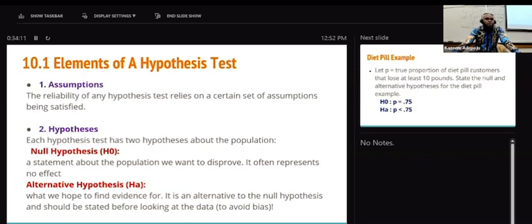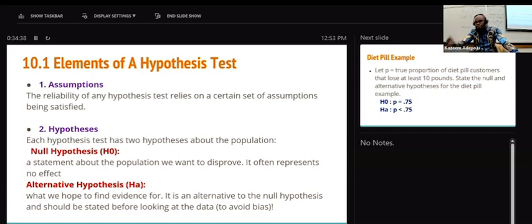Now, what are the elements of hypothesis testing? In hypothesis testing, we're going to have an assumption, because don't forget, the reliability of our results depends on whether assumptions are met. Every statistical model has one or more assumptions.